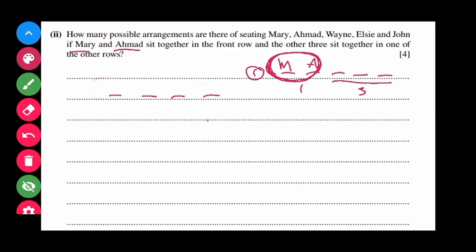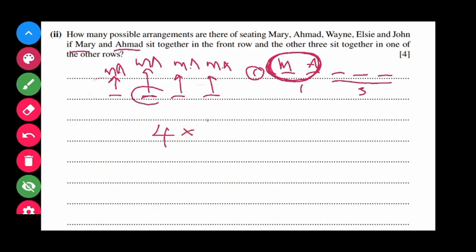If you think of them as one group, this line is meant for Mary and Ahmad, or this line is meant for Mary and Ahmad. That means when we make it as one group, this group becomes 2 seats. So totally we have 4 ways to arrange Mary and Ahmad in the front row.